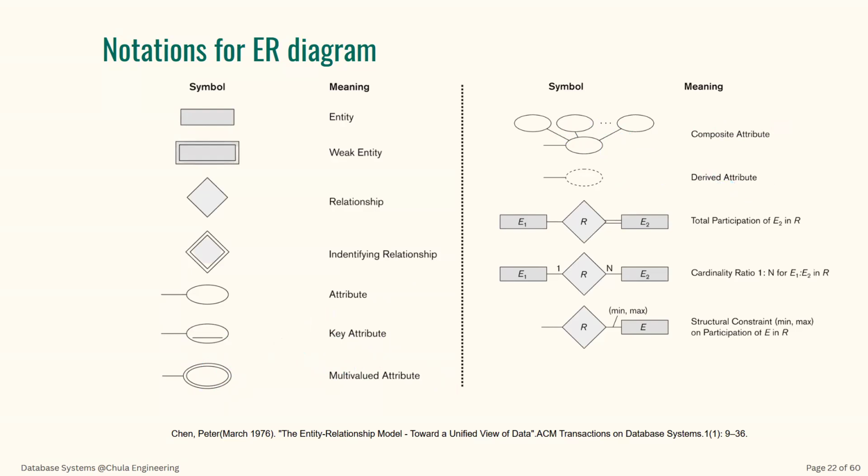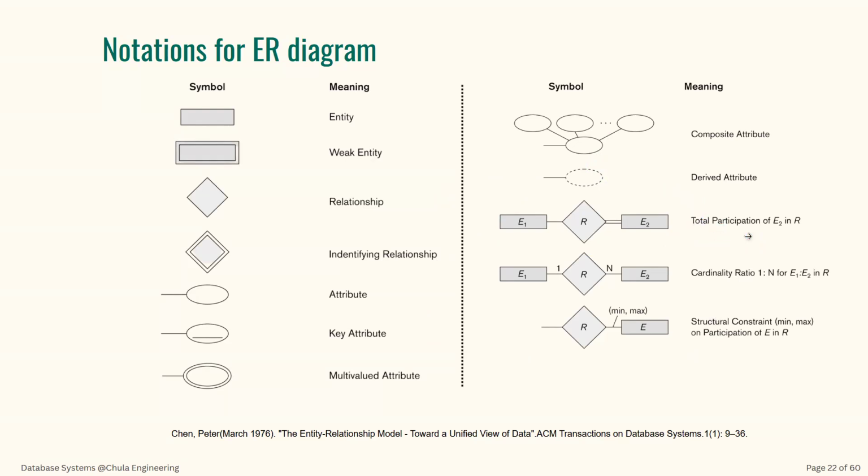But in order to depict a derived attribute, instead of the simple single line, we use a dotted line to signify that this is a derived attribute. And you remember, right, that the derived attribute must be computed from other values in the database.